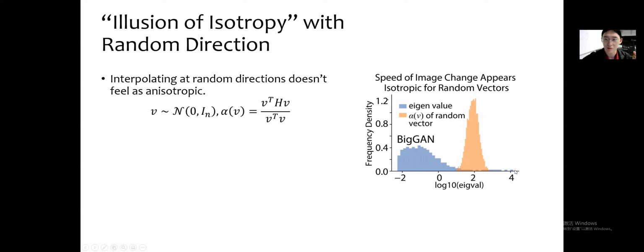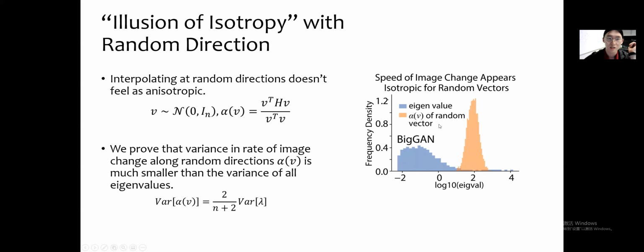So if we really travel on the top eigendimensions or the bottom eigendimensions, the image will change at a very fast or very slow speed. But usually when we travel on random vectors, the image will not change so dramatically. We also prove that the variance of the rate of image change along random directions, the variance of this yellow distribution, is much smaller than the whole variance of all the eigenvalues.